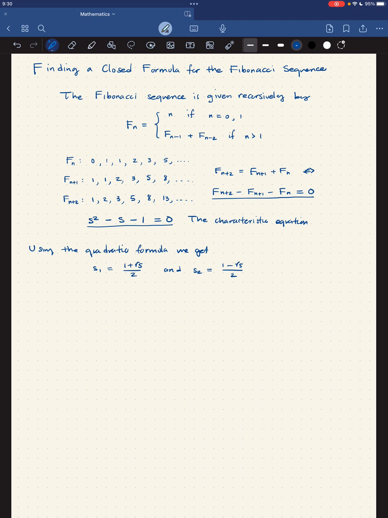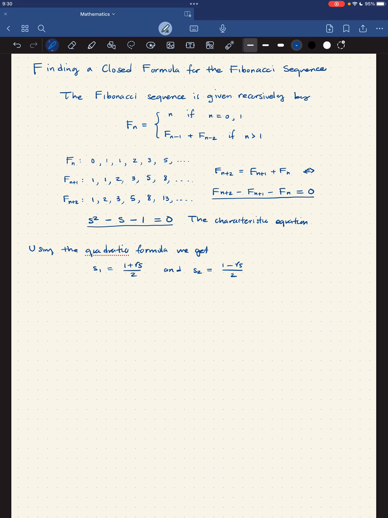Now, what is the importance of these roots to the original problem that we have? The theorem associated with characteristic equations for linear recurrence equations is that in the presence of different roots, every term of the sequence is given as a linear combination of powers of these two roots.